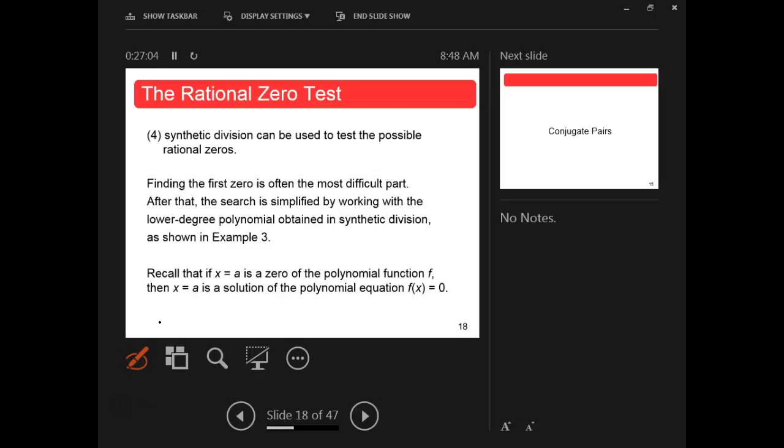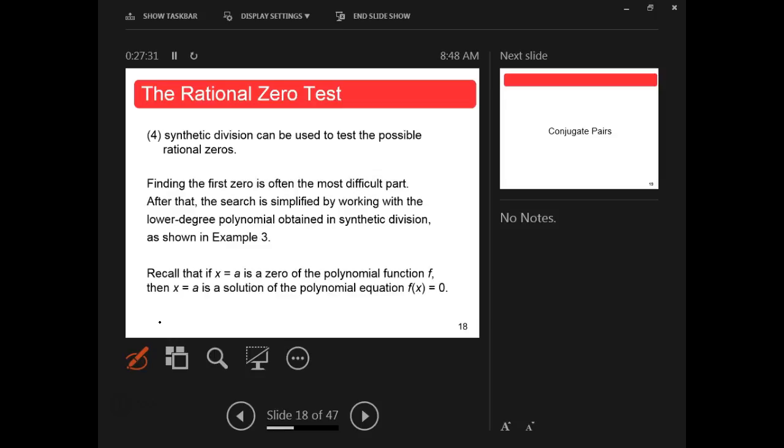After that, the search is simplified because you're working with smaller and smaller polynomials. How small do you get before you stop? 3 terms, which is a quadratic. Because a quadratic, you can analyze by itself. Okay? Working with lower degrees. And example 3 shows that you just keep doing synthetic division with the smaller and smaller polynomials.